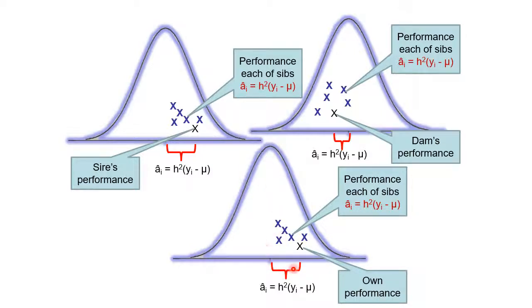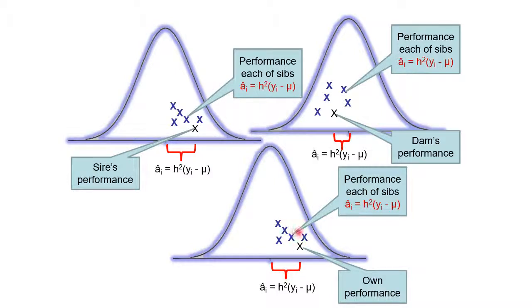But if we have an individual animal as the progeny of this group, its own performance within its own contemporary group would then also contribute to its breeding value, plus then the expected breeding value based on the parent average. We call it the parent average or the mid-parent value of the sire and the dam. So this BLUP will first predict basically the average value or the mean value between the two parents, and then the deviation from that mean will then be added in our breeding value prediction.